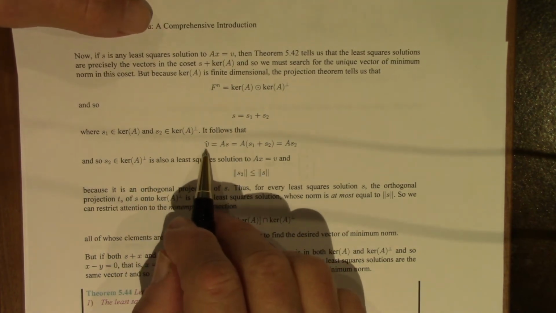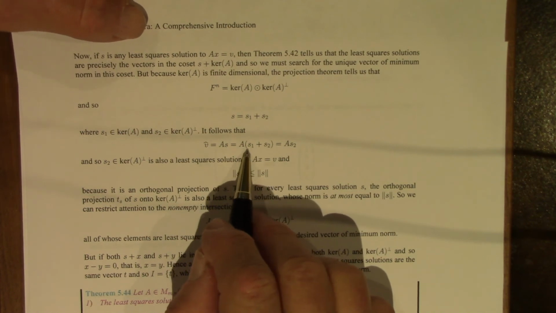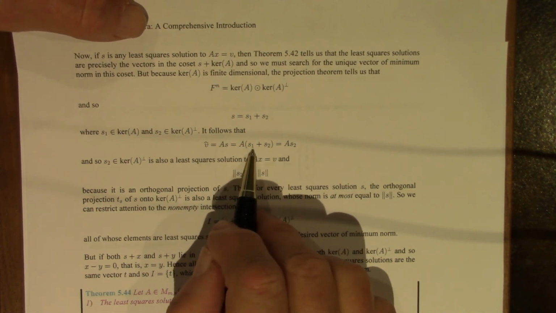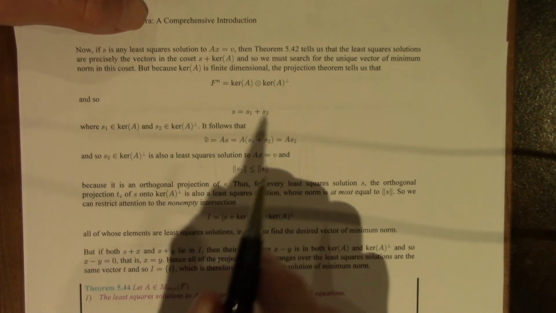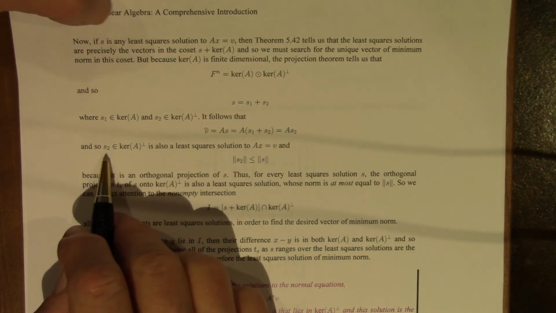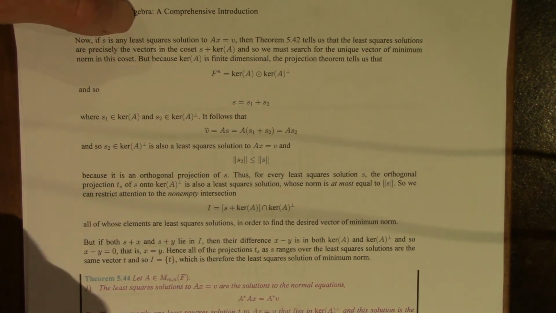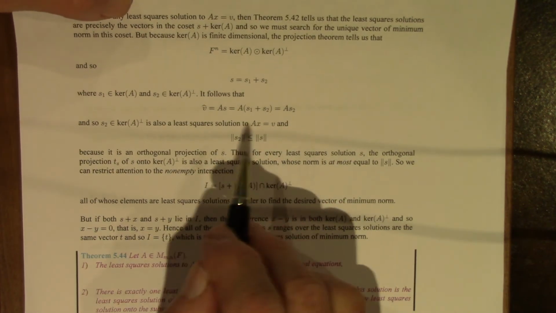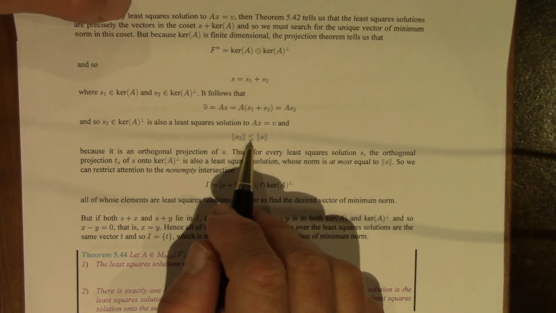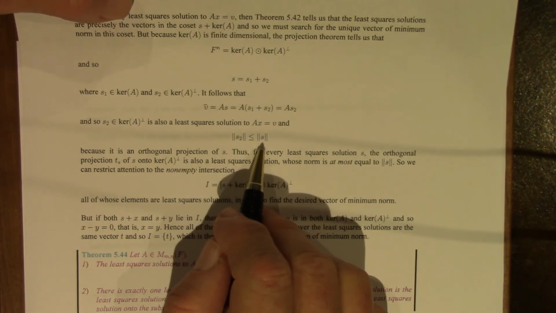And then V hat, which is AS, because S is a least squares solution, is equal to A times S1 plus S2, but S1 is in the kernel of A, so this is just AS2. So S2, which belongs to the kernel of A perp, is also a least squares solution. And being an orthogonal projection, its norm cannot be bigger than the norm of S.